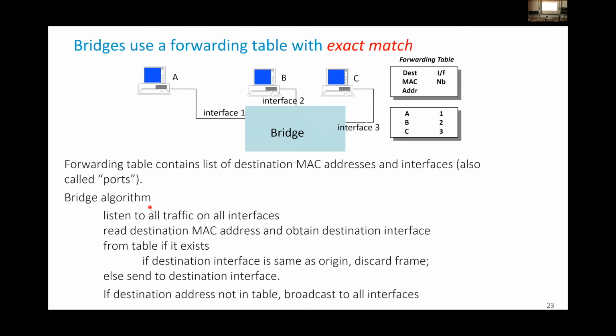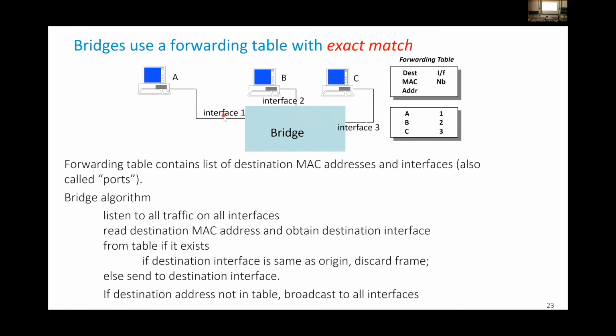Now, the exact algorithm for a bridge: a bridge has several Ethernet interfaces. It receives everything. So listen, that means decode all the signals, put them on the input buffer, and then for each of the packets that are received, read the destination MAC address, and from the table, if it exists, send to the corresponding interface.